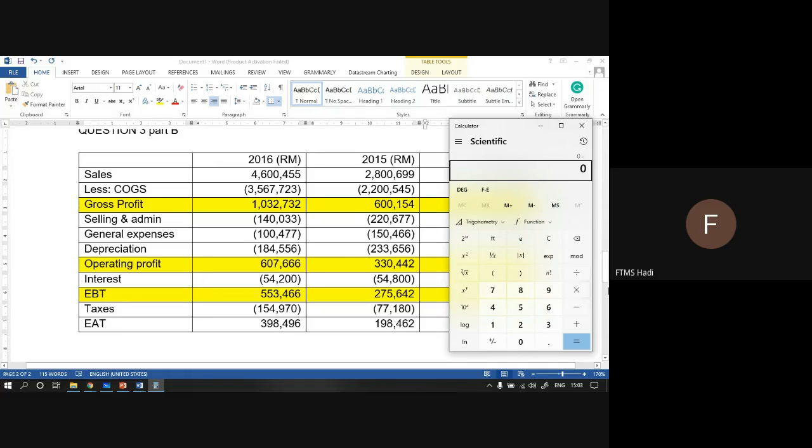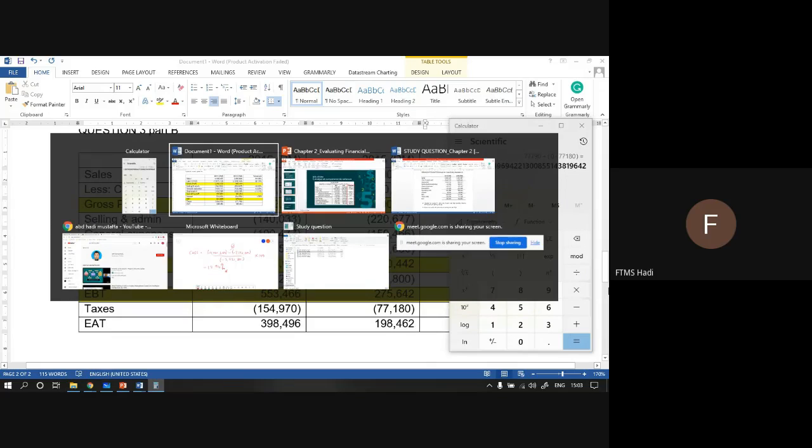Negative 154,970 minus negative 77,180 divided by negative 77,180, which is 1.00. That means multiplied by 100, 100.79%.